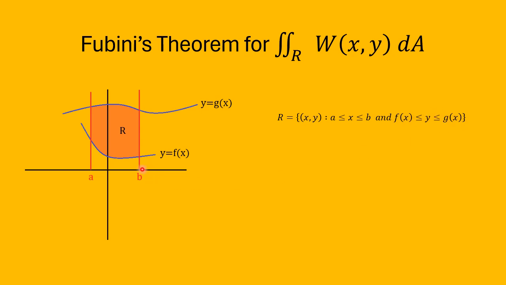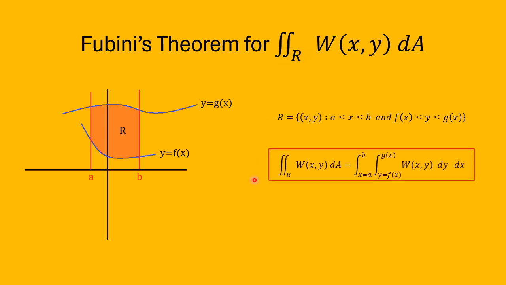In this picture then, here is the vertical line x equals a, here's the vertical line x equals b, this lower curve is y equals f of x, this upper curve is y equals g of x. So how do we evaluate this double integral? We do it as an iterated integral.